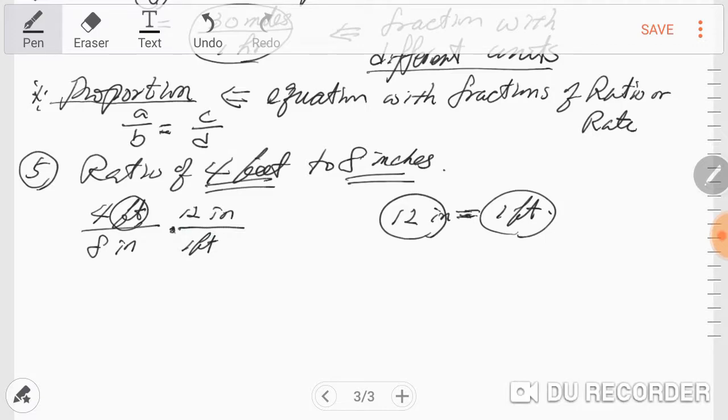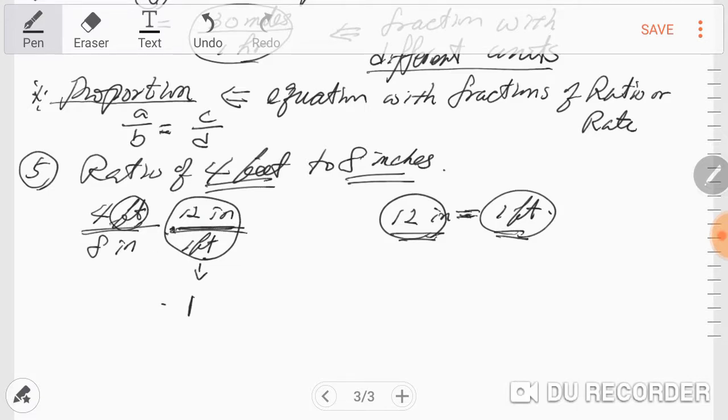So the numerator and the denominator are equal, the top and bottom are equal, so this is actually equal to 1. So multiplying 4 feet over 8 inches by 1 is equal to 4 feet over 8 inches multiplied by 12 inches over 1 foot.